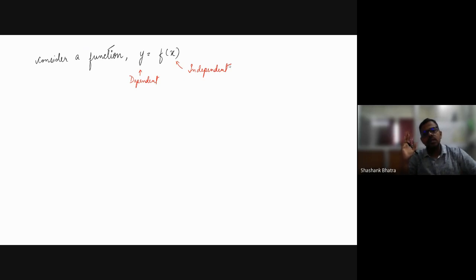So that means for any value of x, we have a function by which we would be able to obtain the value of y. Okay, so suppose I have a certain set of data points for x and y.